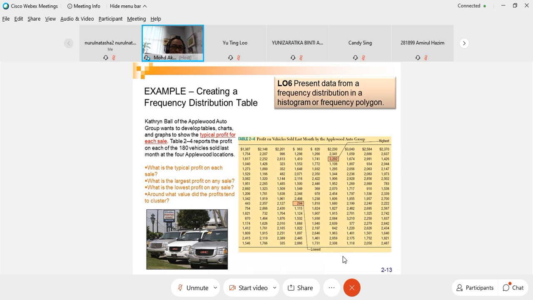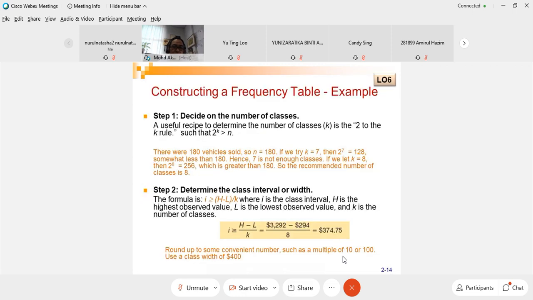We go for step number 1: decide on the number of classes. To decide the number of classes, we use this formula: 2 power by k should be more than n. This is the formula for determining the classes.